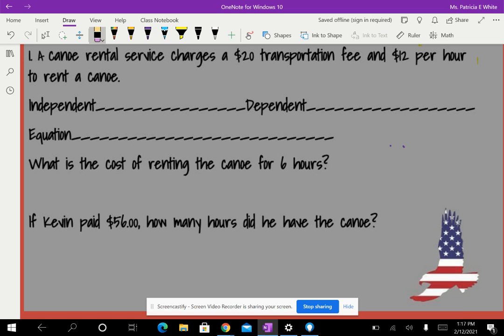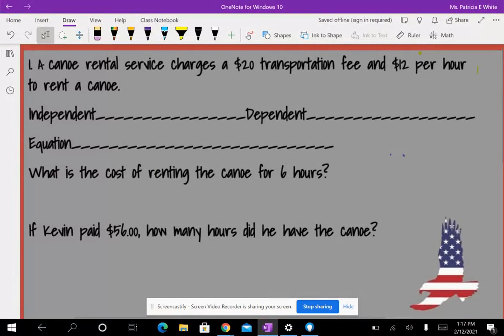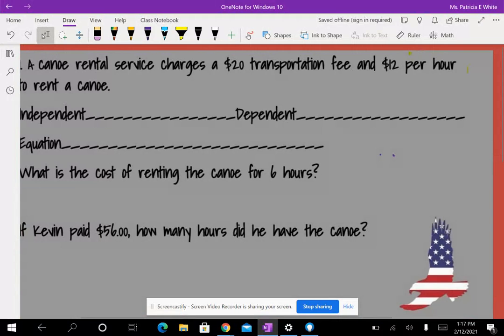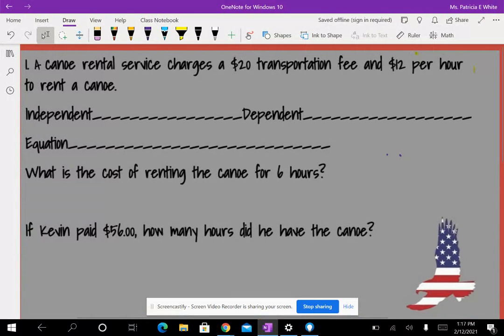We are going to work on writing the equation, writing that rule for our independent and dependent variable, the relationship between them. My first problem: a canoe rental service charges a $20 transportation fee and $12 per hour to rent the canoe.